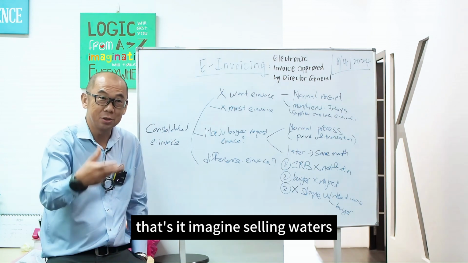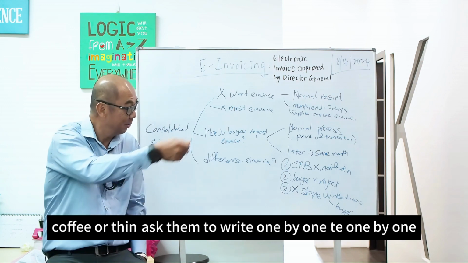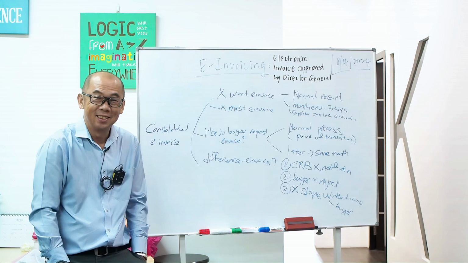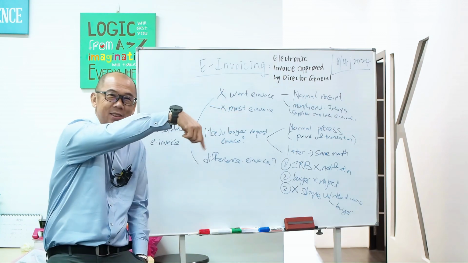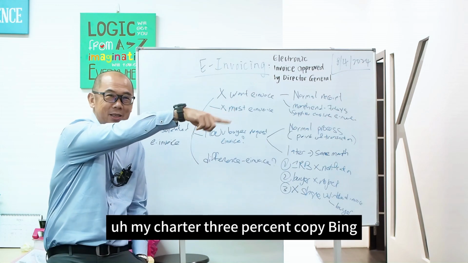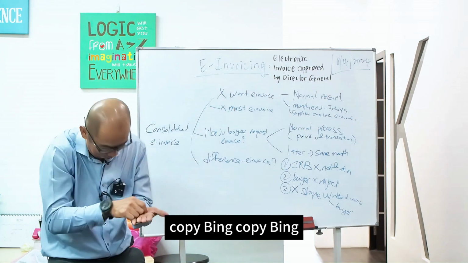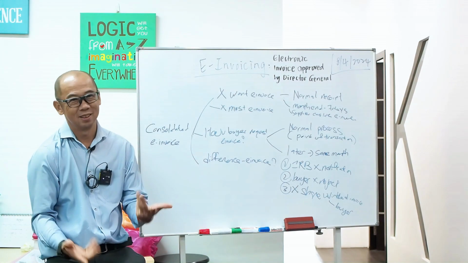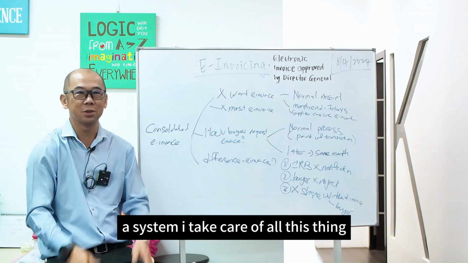Just imagine selling water, coffee or things like that. You ask them to write one by one. Let's say there are 3 tea sellers, coffee bang, coffee gao, and so on. I also don't know. A system must take care of all these things.